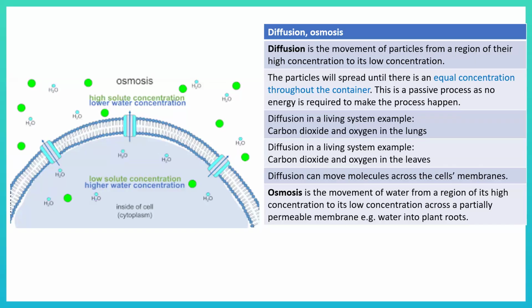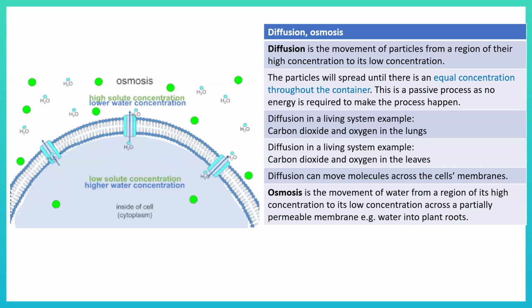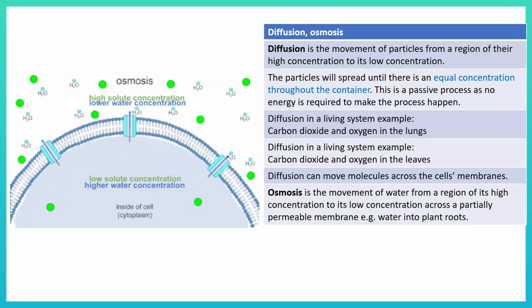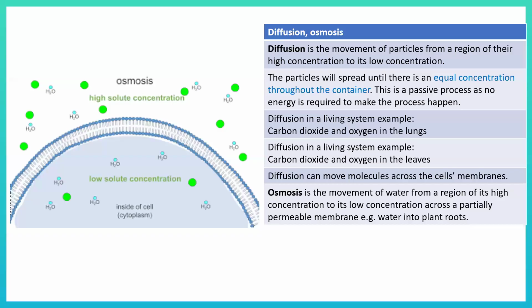You can see on that cell membrane, there's some protein channels that the water can move through. They're called aquaporins. So let's look again. High concentration of salts outside the cell means that there's a low concentration of water. I'll explain why in a minute. So there's a high concentration of water inside the cell compared to outside.